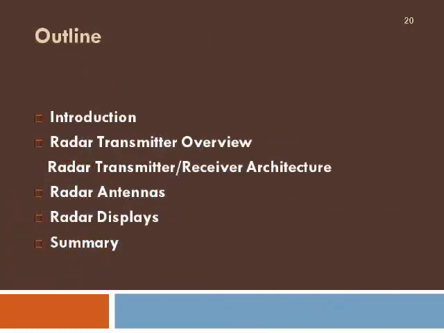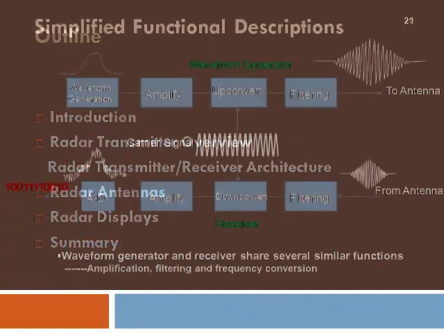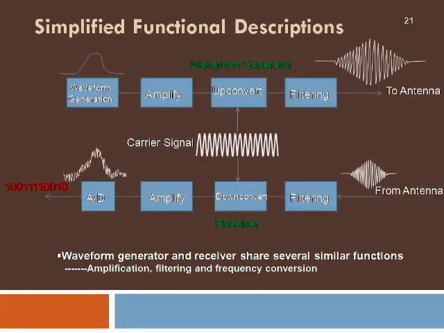Now let us see more details about the transmitter. Here the first block is going to be waveform generation. That is, here we will use a simple circuit to generate the required type of waveform, whether it is an analog signal or a digital signal. Then we are going to have the amplifier which will amplify this basic signal to the required level.